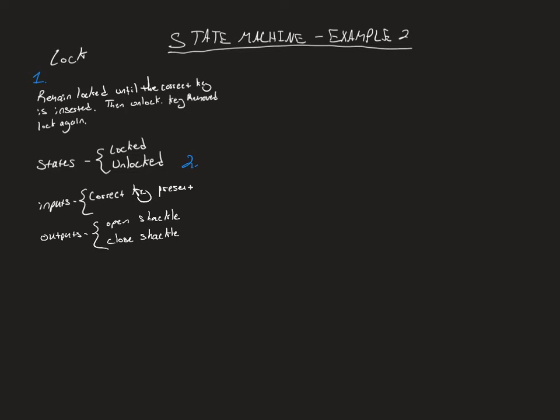All right, step 3, drawing the state transition diagram. Well, actually it looks fairly similar to our S1 and S2. We have lock and we have unlock. And we have a transition from lock to unlock, and we have one from unlock back to lock. How do we transition to unlock if we're in the state locked?